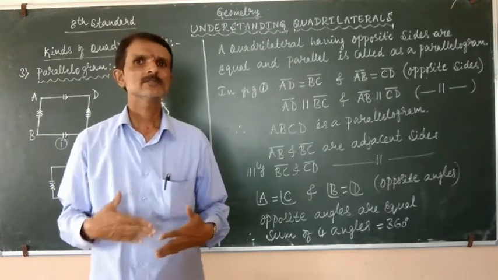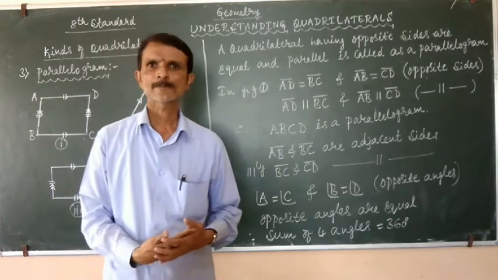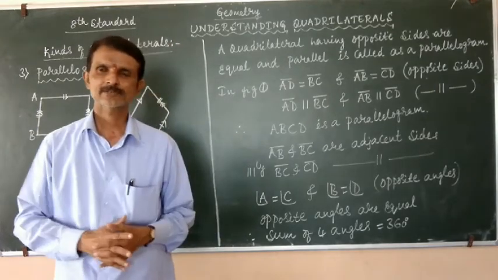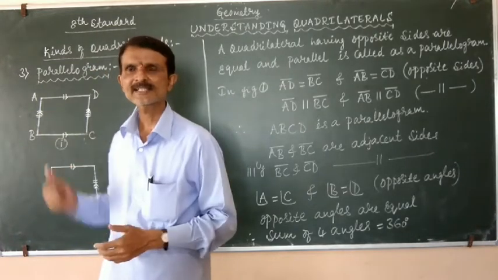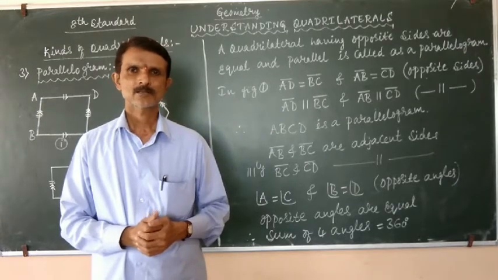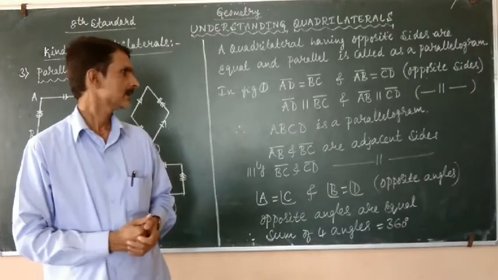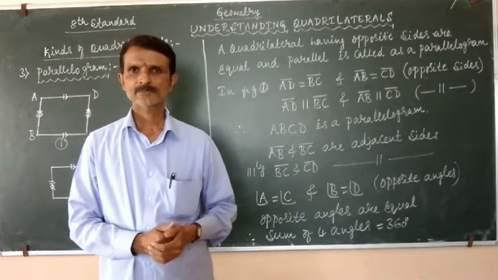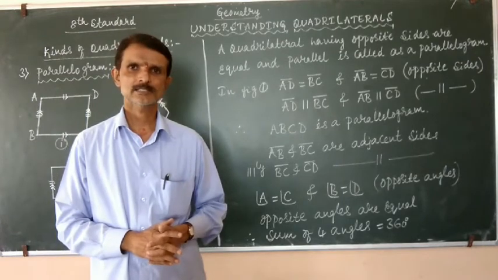So therefore, we can write the properties of the parallelogram. You have to write them at home. The first one is opposite sides are equal and parallel. The second property is opposite angles are equal.